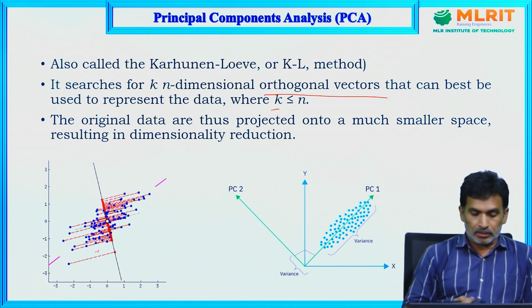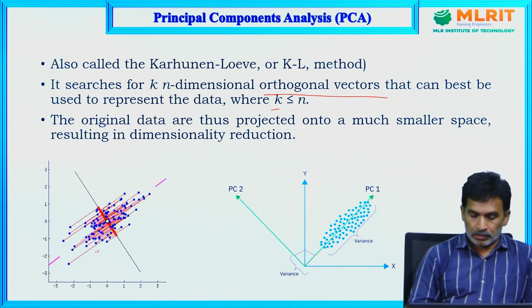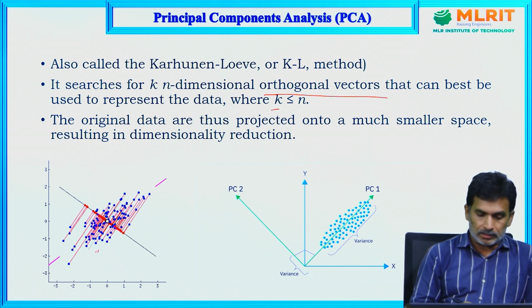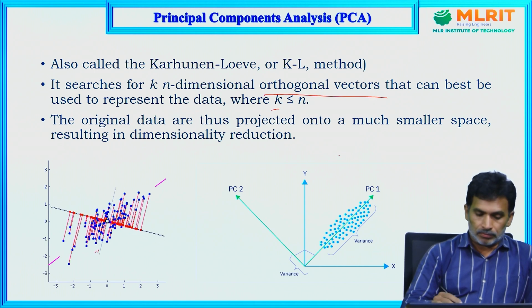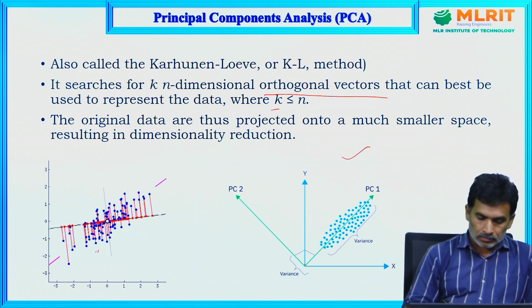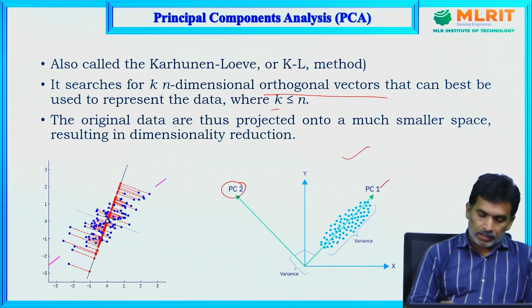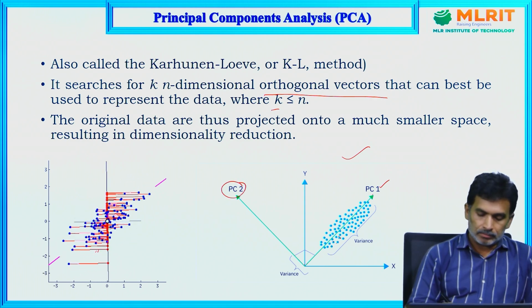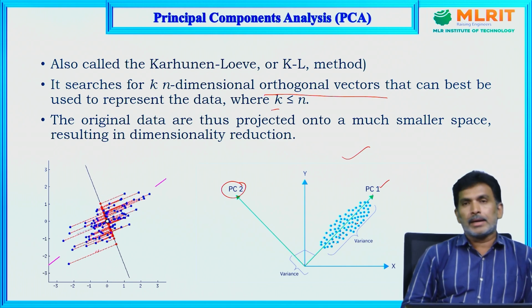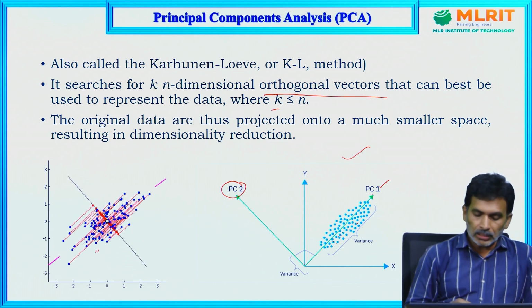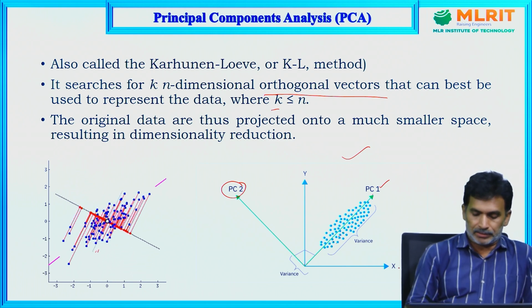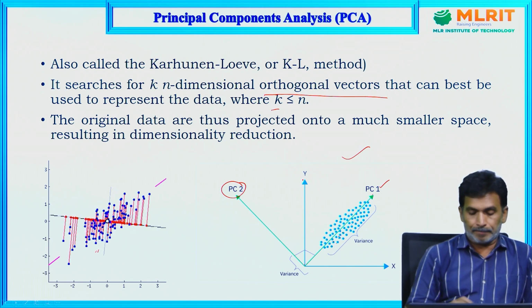From the right side of this image, you can see this one principal component and this another principal component, and there are some dots, which are the data points plotted on this two-dimensional space, x and y.